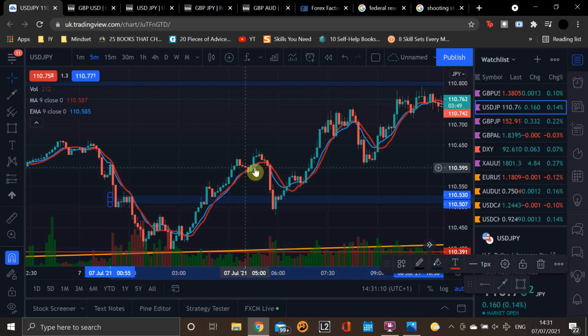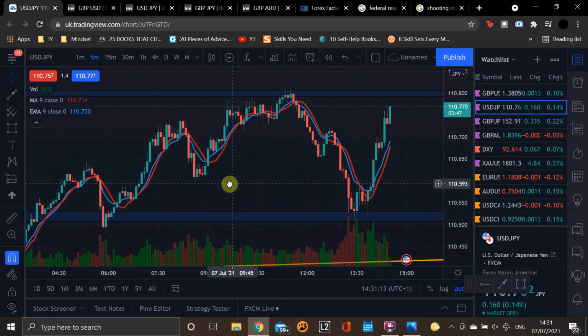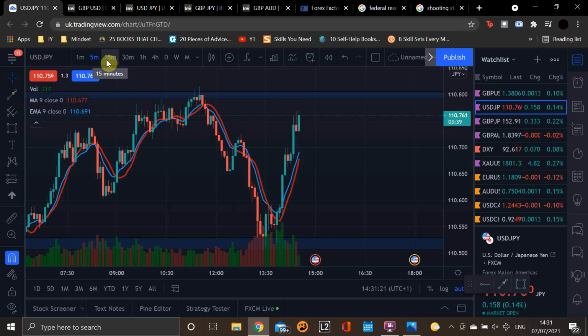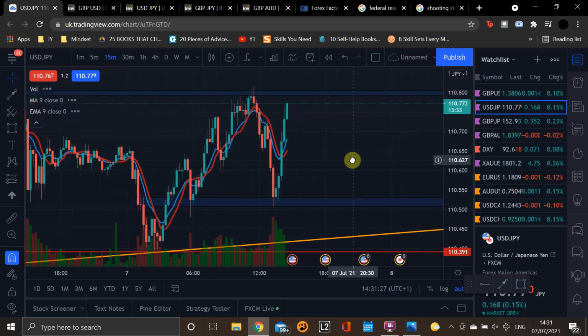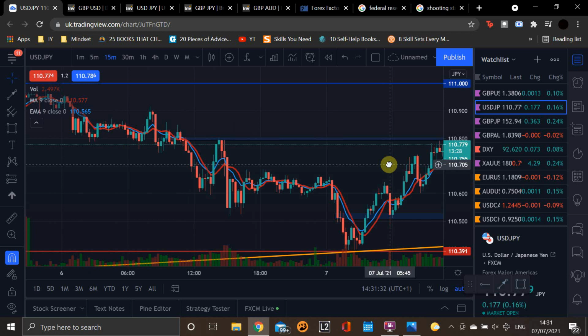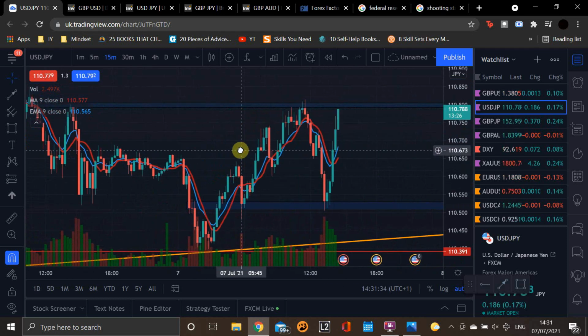Touch there, touch there. So it's consolidating a little bit. Thank God the recording's still going. But here, what I see happening, it's breaking out.